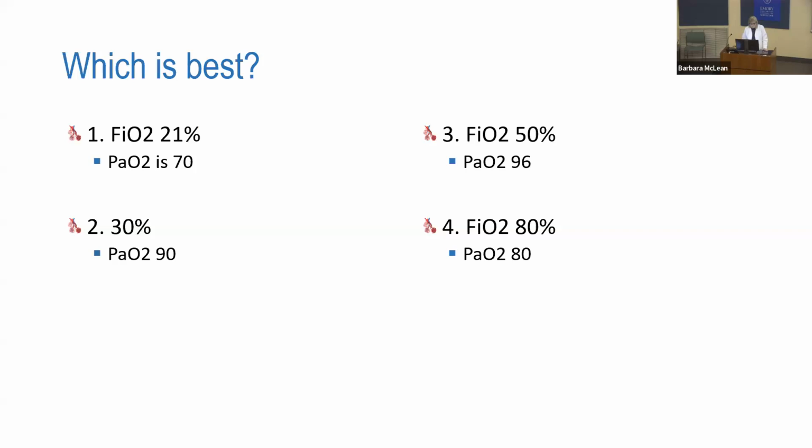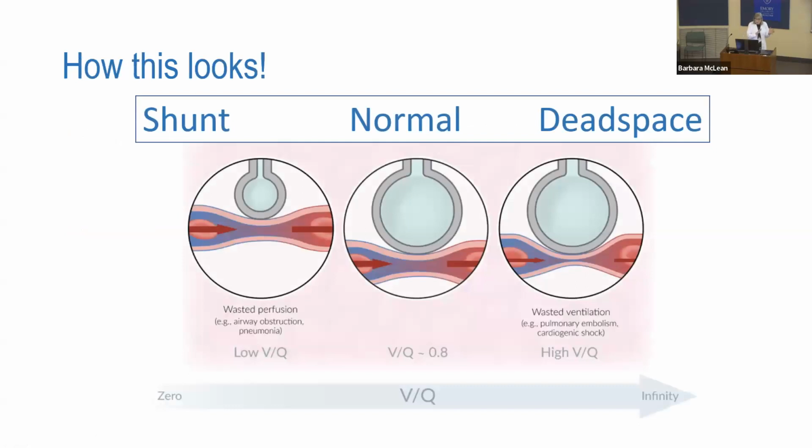Okay. All right. This is the same thing as we looked at already. So this is normal. Alveoli are nicely recruited, fully developed, with good gas exchange and blood flow in an adequate ratio.